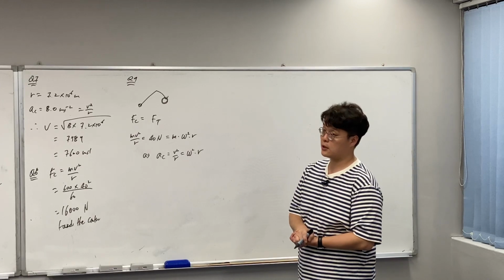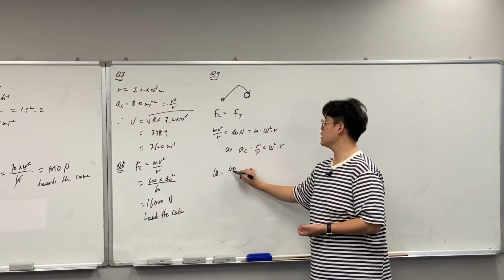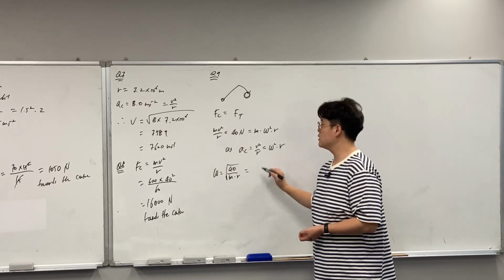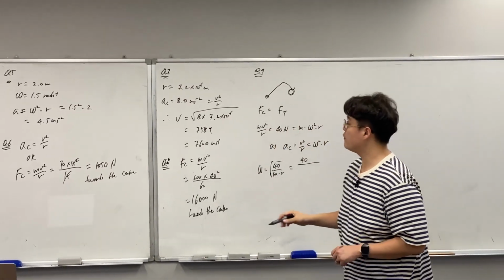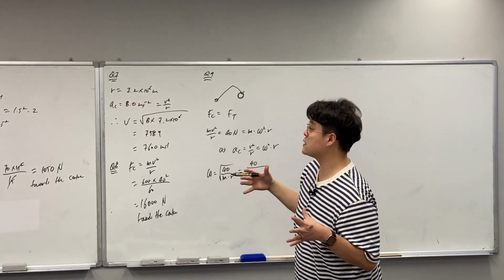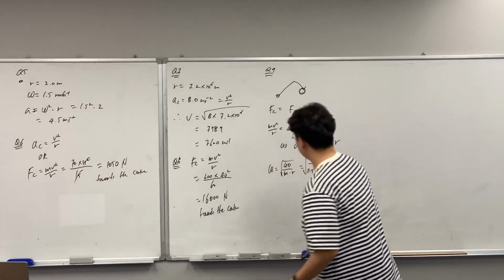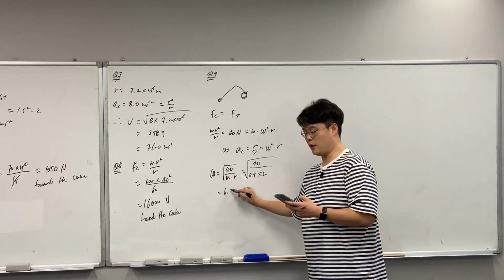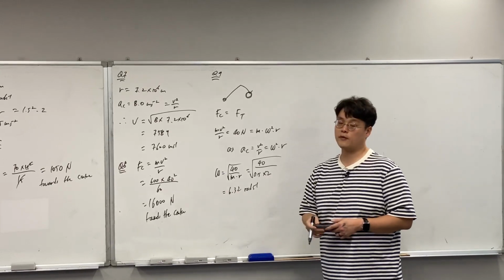Does it make sense? So from here, 40 divided by the mass of the ball, 0.5, times the radius of the line, which is 2, and take the square root of this. That's basically root 40, which is 6.32 radians per second. That's the angular velocity required.